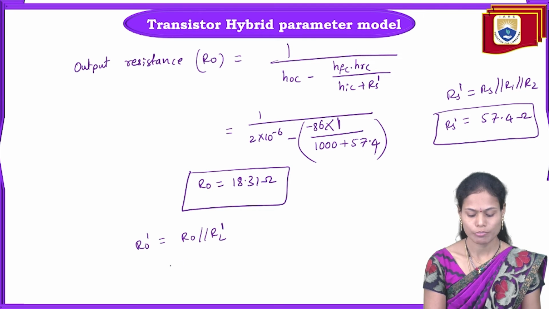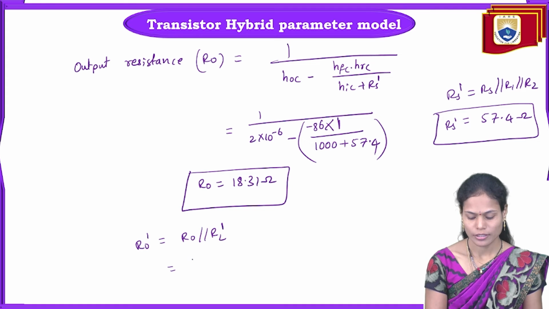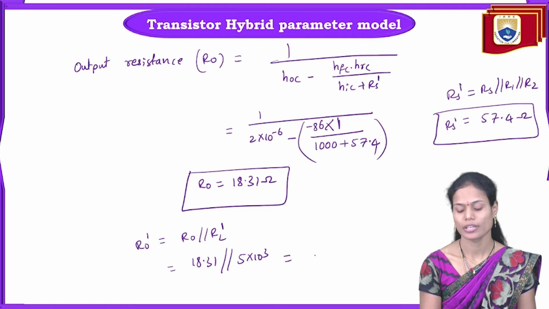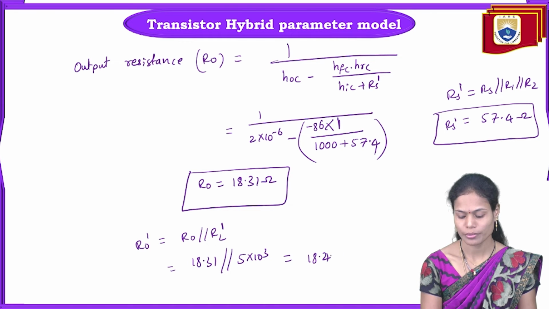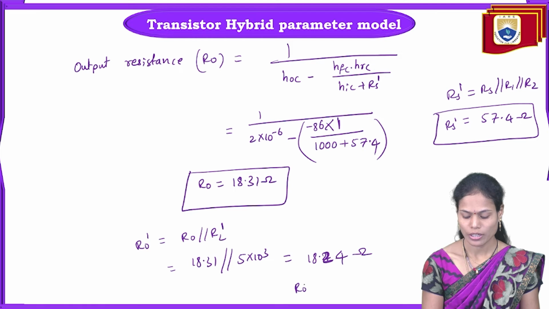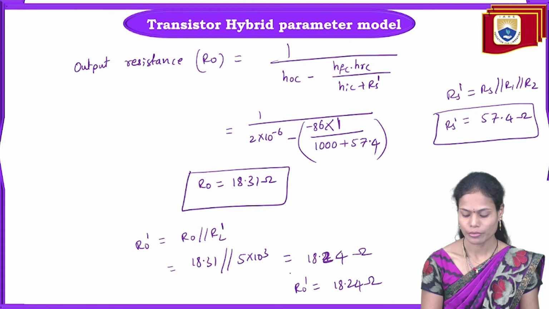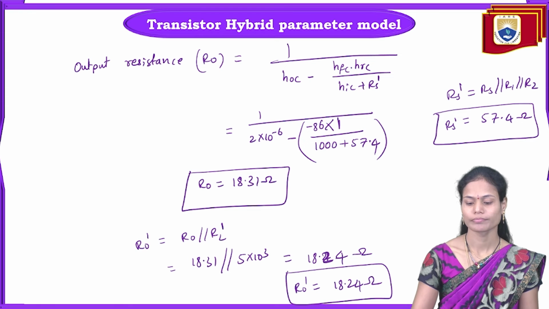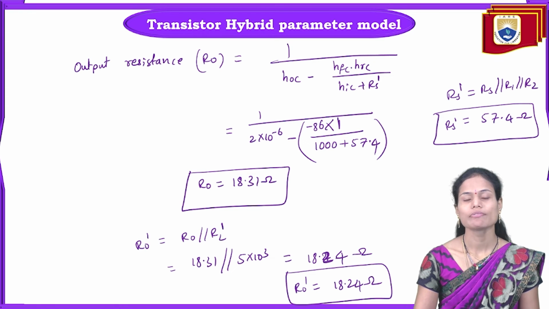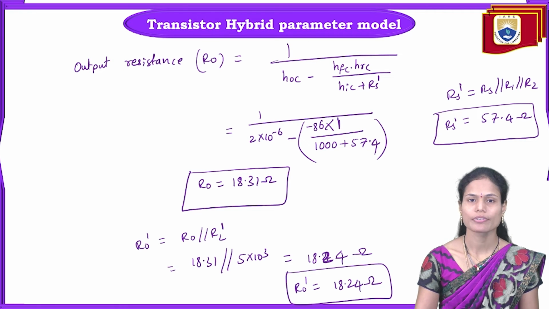If we substitute the R0 value as well as RL dash value, that is 18.31 parallel with 5 kilo ohms, we will get 18.24 ohms. So the overall output impedance is 18.24 ohms. In this way, we need to calculate all the parameters from the given H parameters.